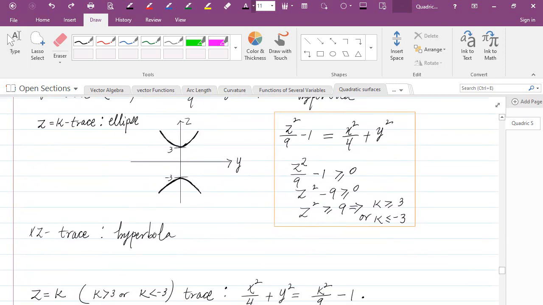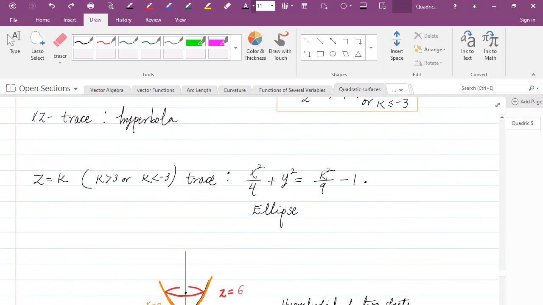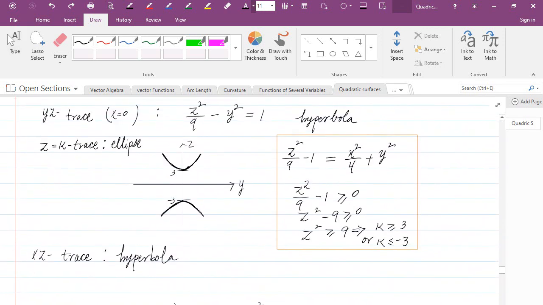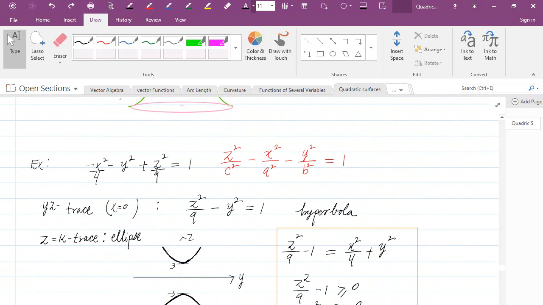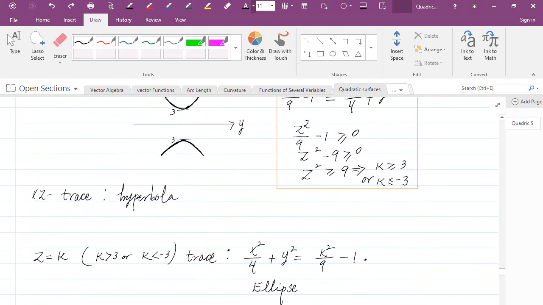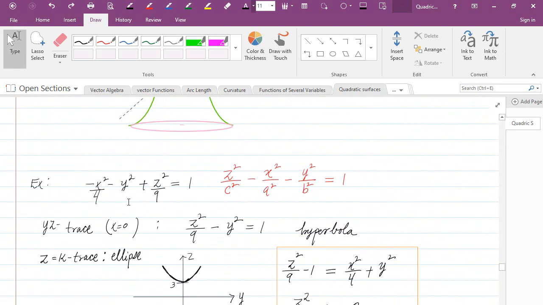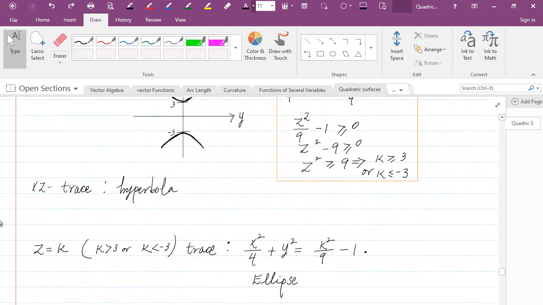So what's the trace in z equals k? Well, we plug in k for z in this equation, which is the same as that, and then what I'm going to get is k squared over 9 minus 1, and then this expression here on the left.